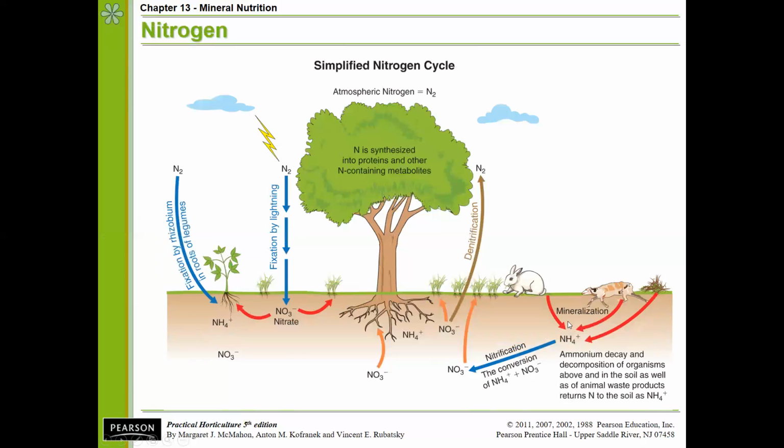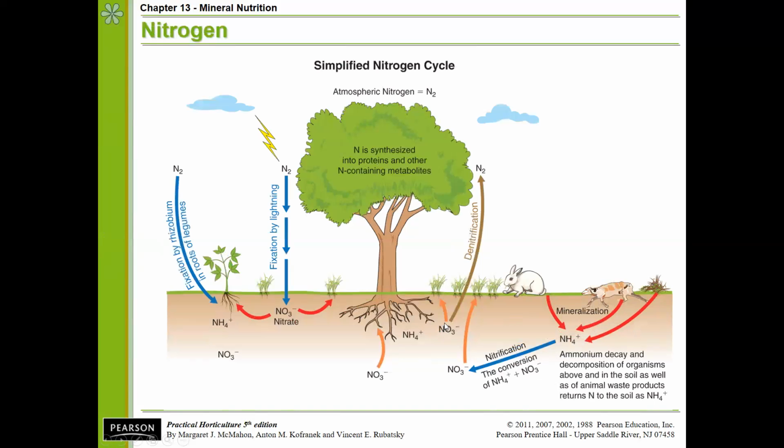Of course, it can come from other sources. It can come from mineralization of, say, manure, from animal waste, or from the death of plant and animal matter, mineralized into, in this case, ammonium, and then nitrified and converted from ammonium to nitrite and then to nitrate. And then it can also be denitrified.